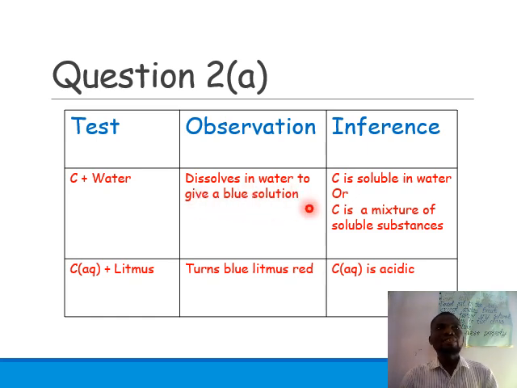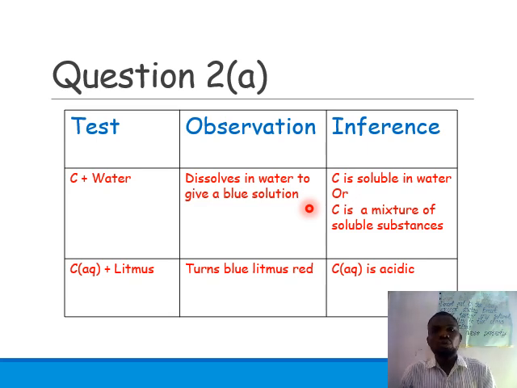Now the specimen given is glucose and copper sulfate. Copper sulfate and glucose are both soluble in water, so in this kind of experiment, I'm not expecting you to filter. You may not be asked to filter, though I'm not saying you will never be told to filter, because the two of them are very soluble in water.